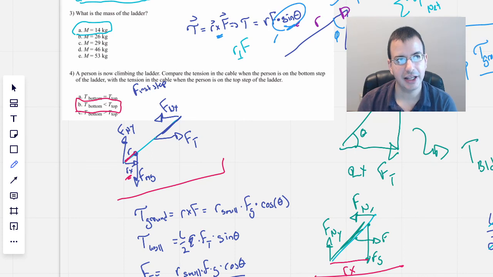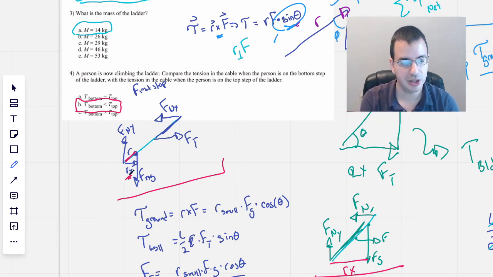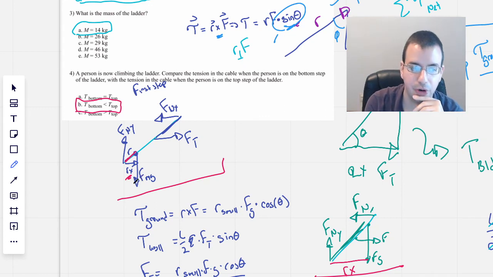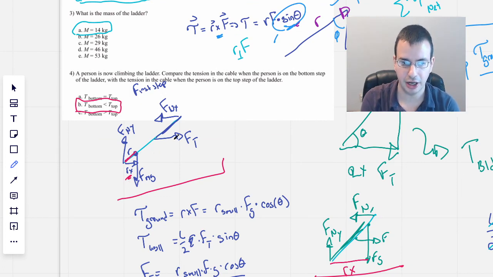And so you're like, all right, it kind of makes sense that with this small, we're multiplying by a small x component of the radius, that's going to give us a smaller overall tension.